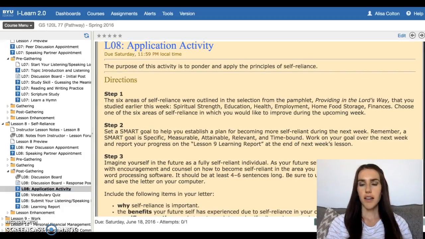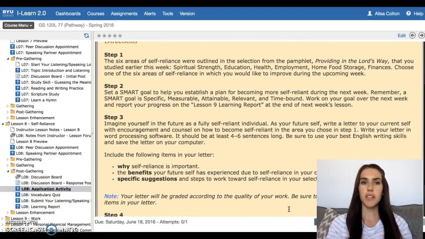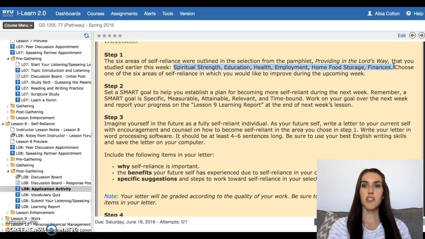So I'm going to walk you through just what you need to do. You're going to read a section from a pamphlet, and it's going to show you these 6 areas of self-reliance. And thinking of those and keeping those in mind, you're going to set a SMART goal. Once again, we've done a SMART goal in the past, and we're going to do another one.